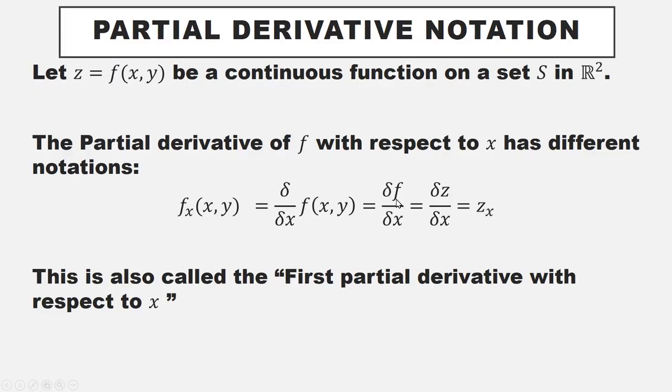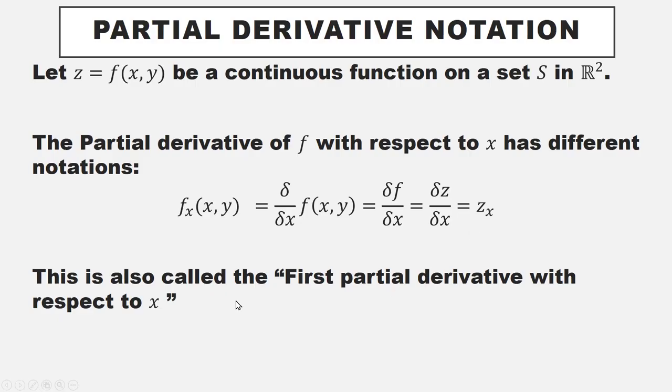You'll see delta f over delta x. That means the derivative of f with respect to x. And then since f is often written as f of x y equals z, you can just say delta z over delta x. That's derivative of z with respect to x, or just z sub x.